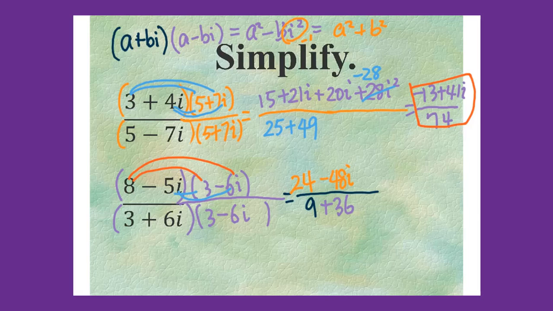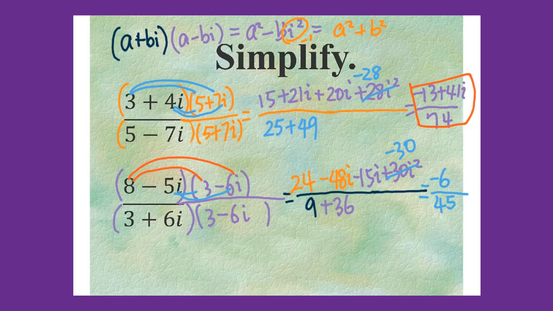Then have negative 15i plus 30i squared. Then 30i squared means negative 30. I will combine like terms now. The denominator is 45. 24 minus 30, that's negative 6.